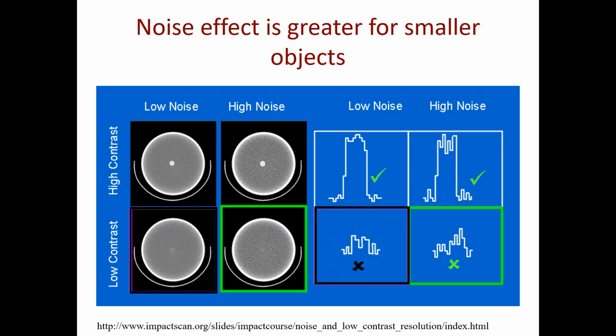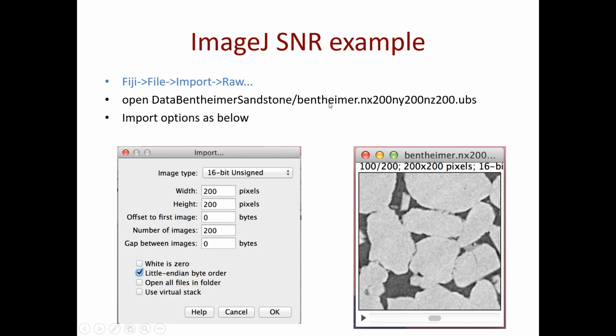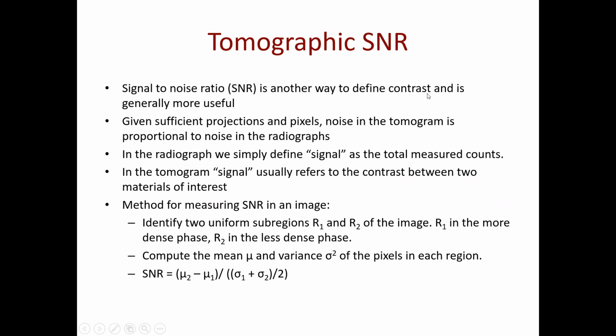So signal to noise ratio is one way to define the contrast, and it's often used to evaluate these cases. Signal is simply the total measured count of something, and that correlates with my attenuation in the image.